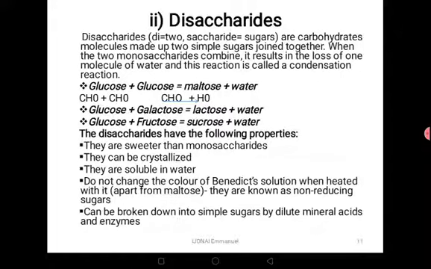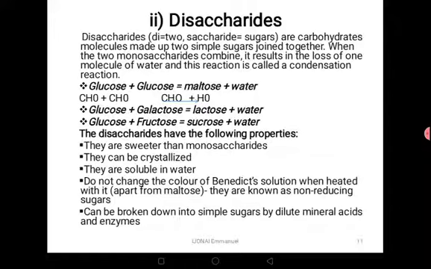Let's look at now the second category of the carbohydrates, and this one is the disaccharides. Remember, the other one was monosaccharides. This one is the disaccharides. So disaccharides comes from 2 words: di meaning 2 and saccharide meaning sugar. That means these carbohydrate molecules are made up of 2 simple sugars joined together.